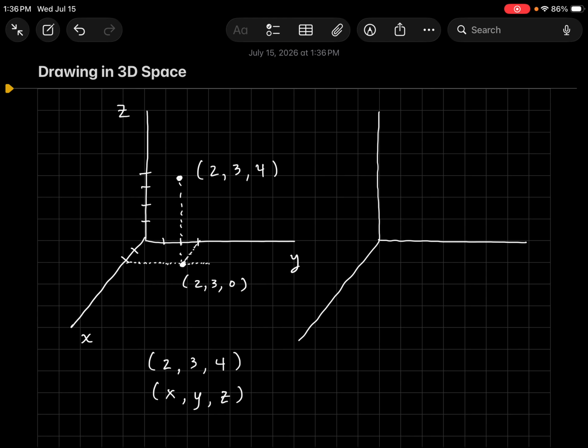And let's start with the graph z equals 3. Now, you might recall from two-dimensional space, I'll draw a quick little graph down here. If I wanted to draw the line, say, y equals 1, it would look something like this. That would be the line y equals 1.